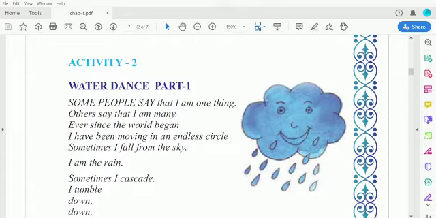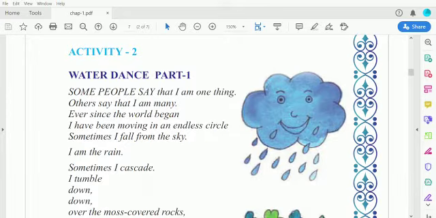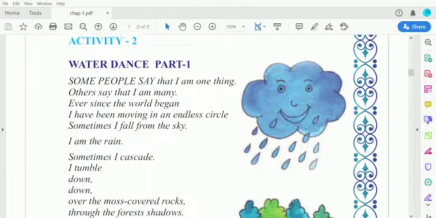Water exists from the beginning of the world, and it keeps on a continuous cycle. Sometimes it falls from the sky, and that we call as the rain.